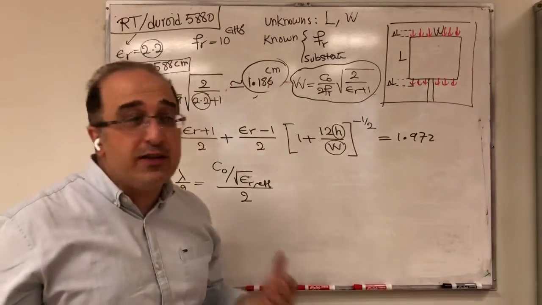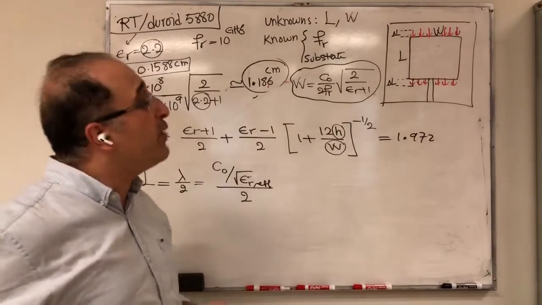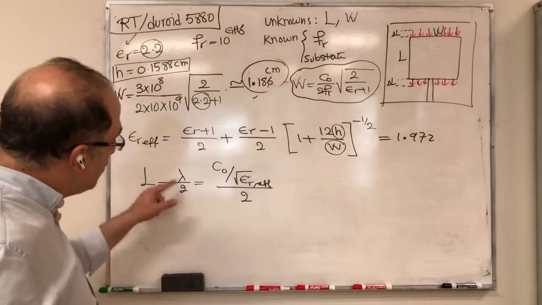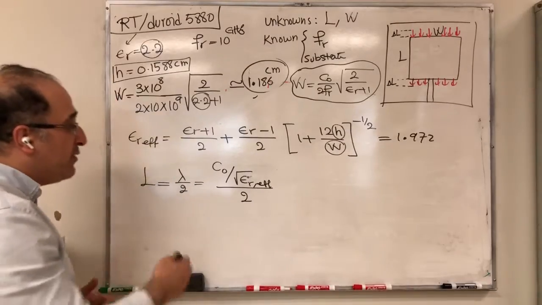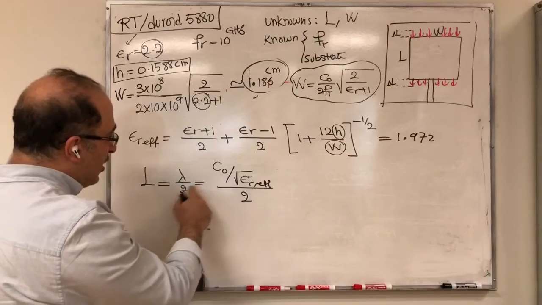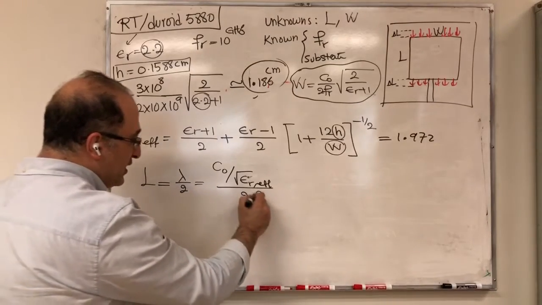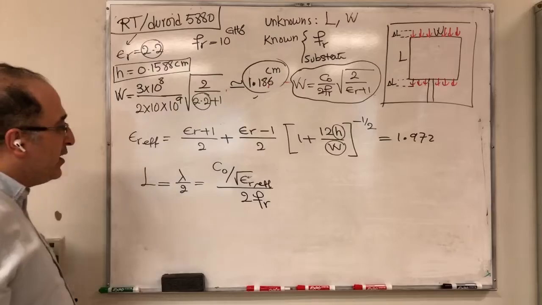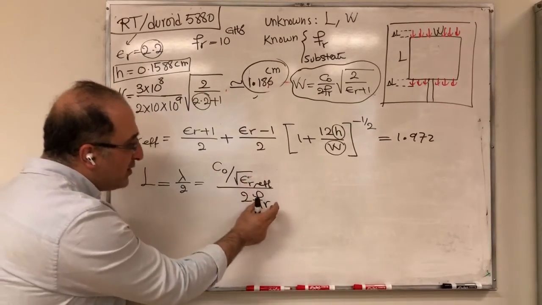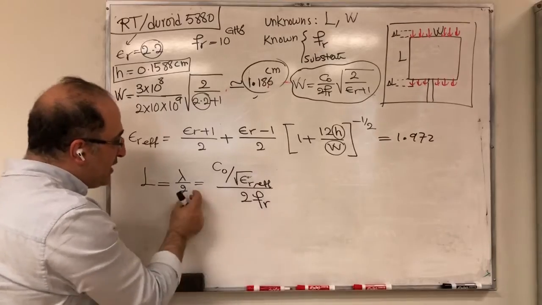And of course, we are interested in the length that we need to fabricate. So half a wavelength is correct. We need to be half a wavelength. And which wavelength? Of course, I should have had an F here. So C naught divided by F. So this is my FR here. So half a wavelength is velocity in the effective material divided by F. That's wavelength divided by 2.